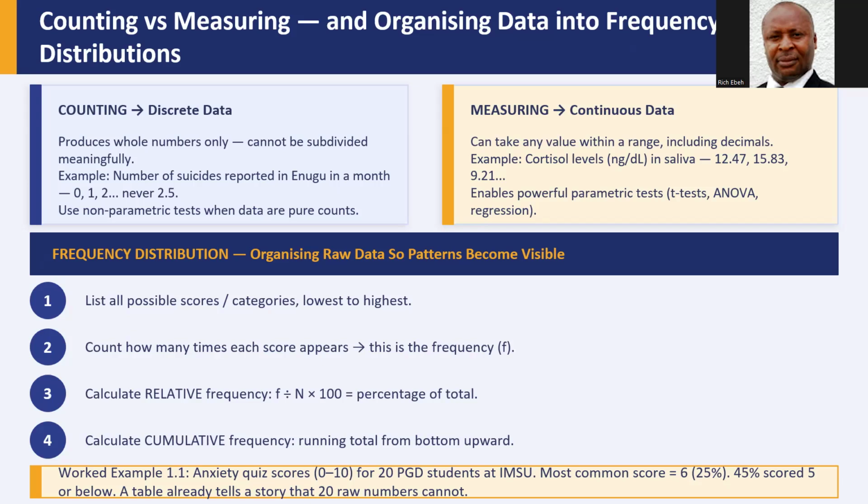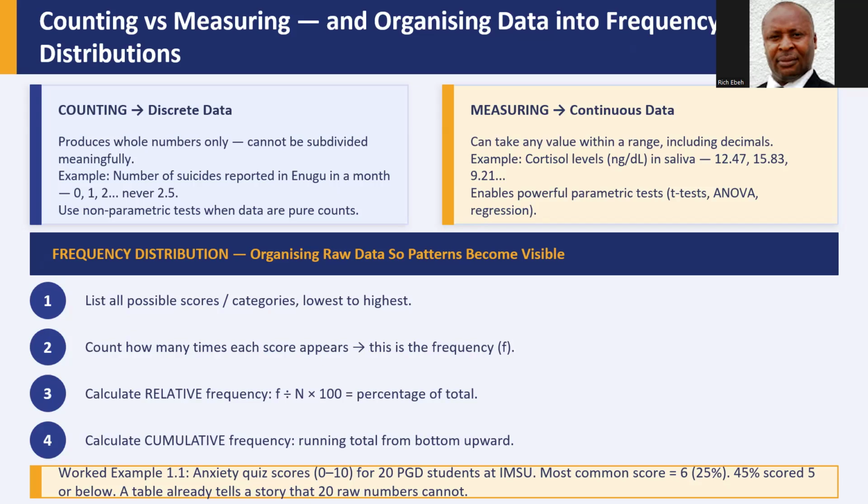Imagine you have just administered an anxiety test to 20 new PGD students, and you have a list of 20 raw scores. What does that tell you? Very little.